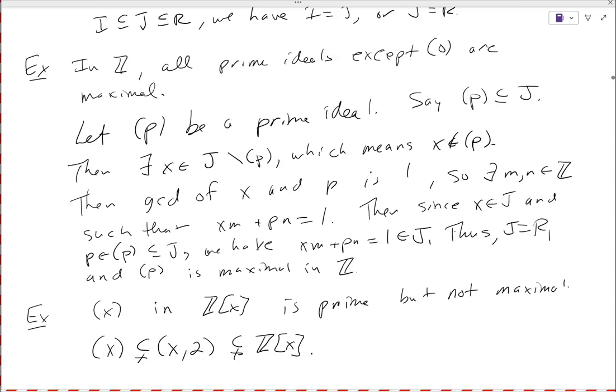Which is certainly properly bigger than the things that have 0 constant, isn't it? And certainly not the entire ring. Okay. So this ideal is prime, but it's not maximal. Now it does turn out, we're not going to have time to prove it today, we'll do this on Tuesday, that maximal ideals are always prime, but this shows that just because you're prime, it's not necessarily maximal.